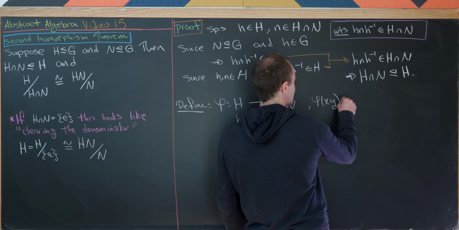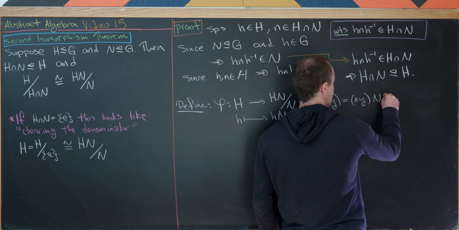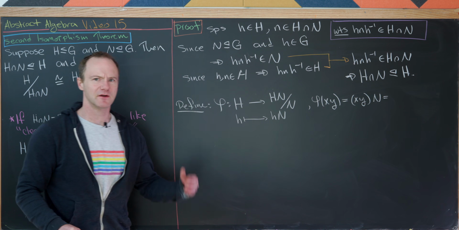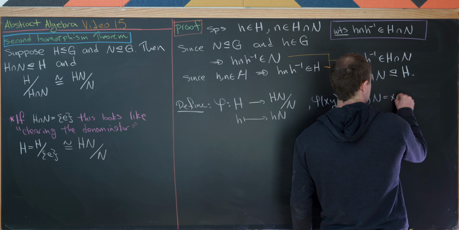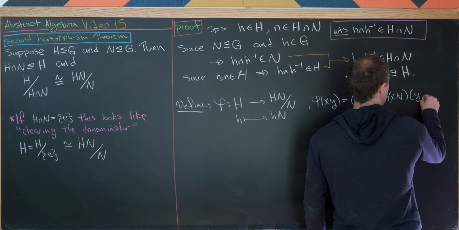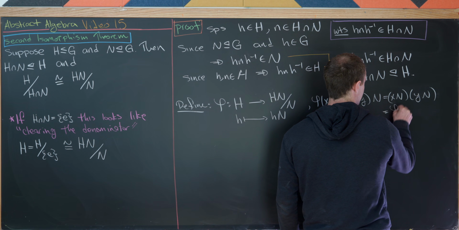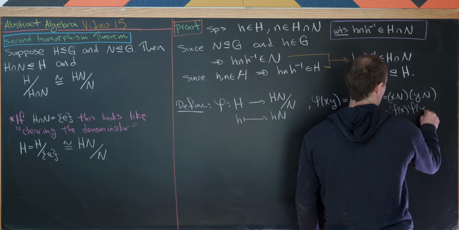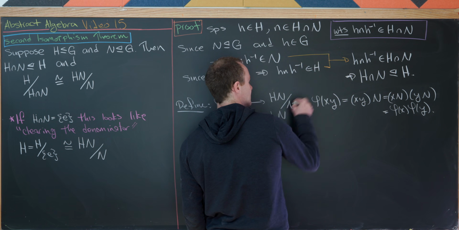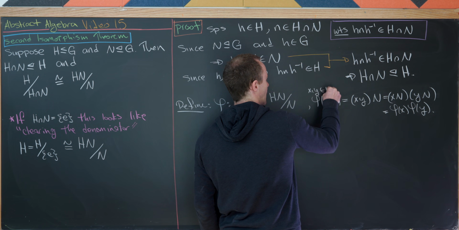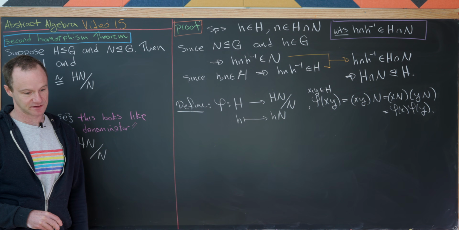So notice phi of xy will be equal to the coset xyN, but by the multiplication rule in a quotient group, that'll be equal to xN times yN, but that will indeed be equal to phi of x times phi of y. So we're good to go there. I guess maybe to be really careful, we need to say that x and y are in H here. Okay, so this is a homomorphism.